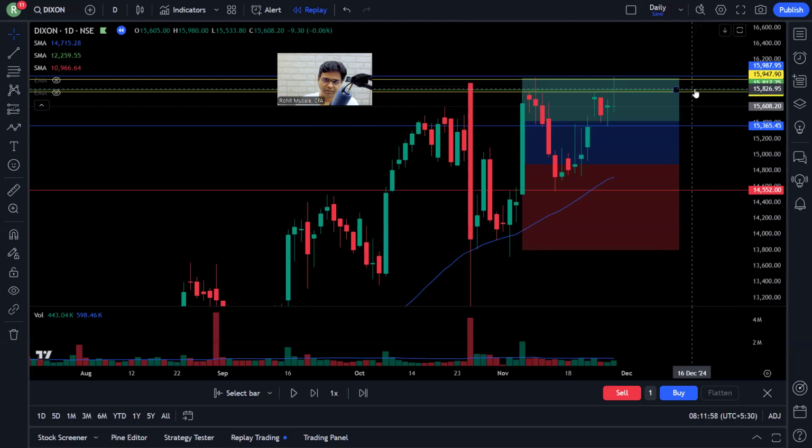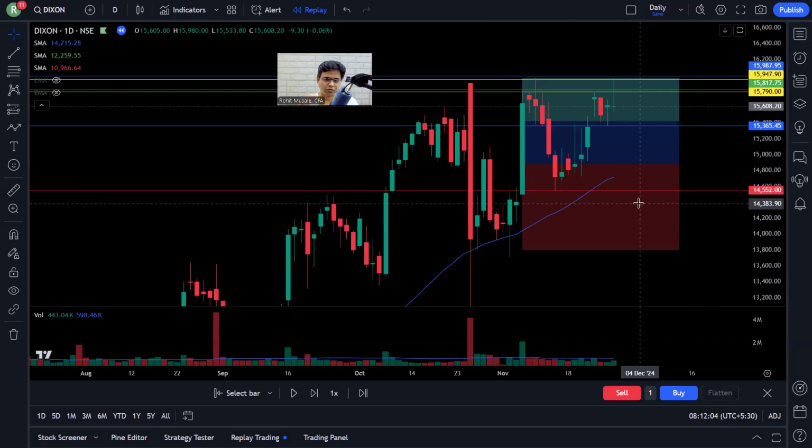Basically, from the green line, if you go down 8%, that's where you get the red line. And this is my hard stop loss. Hard stop loss means the stop loss that I keep with my broker. If the price completely reverses and hits that red line, I will be automatically out of the stock. So that is my hard stop loss.